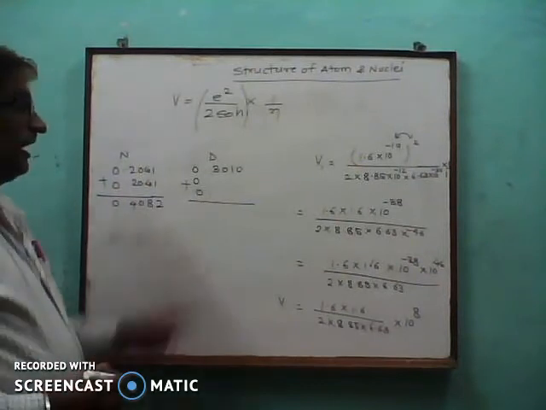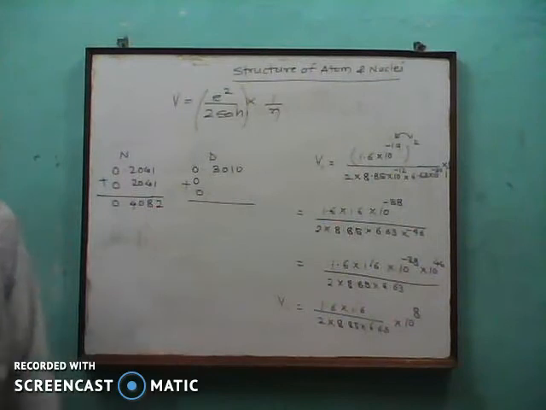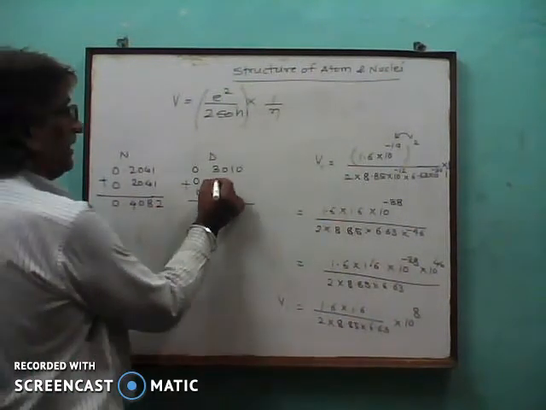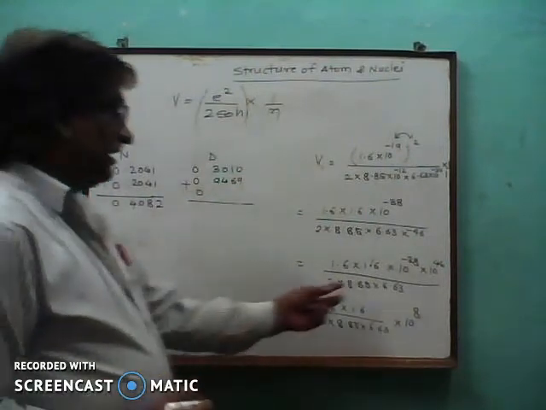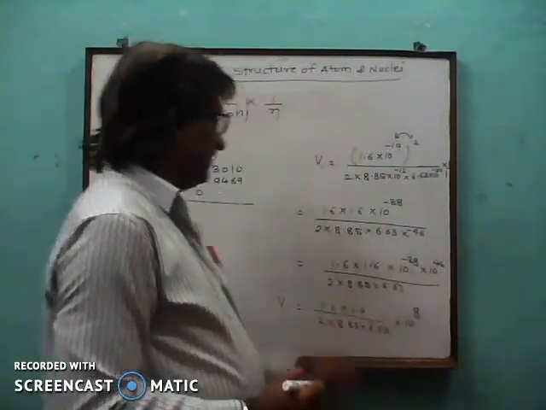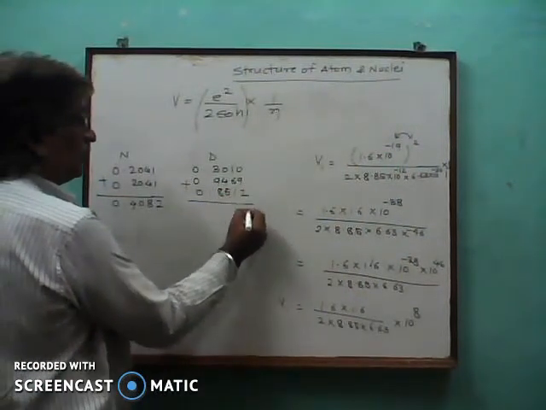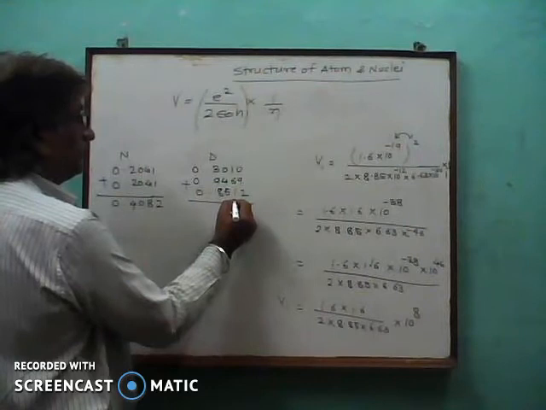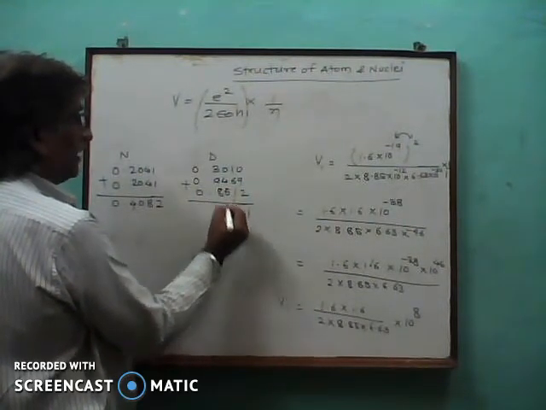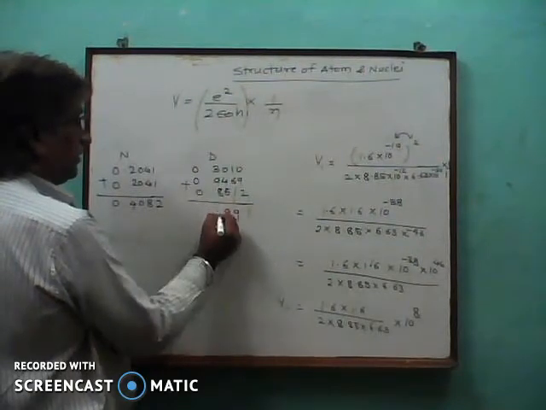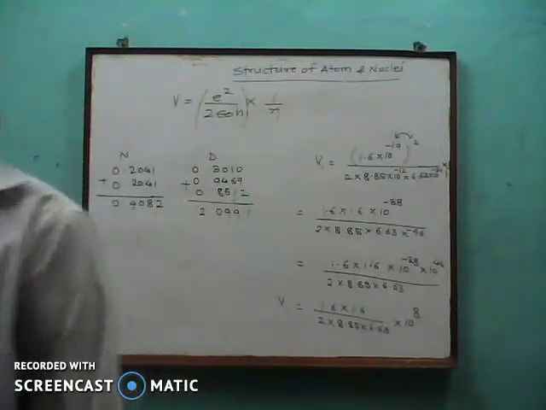For 885, log will be 0.9469, and for 663, it will be 0.8215. Here the addition will be 2.0991.